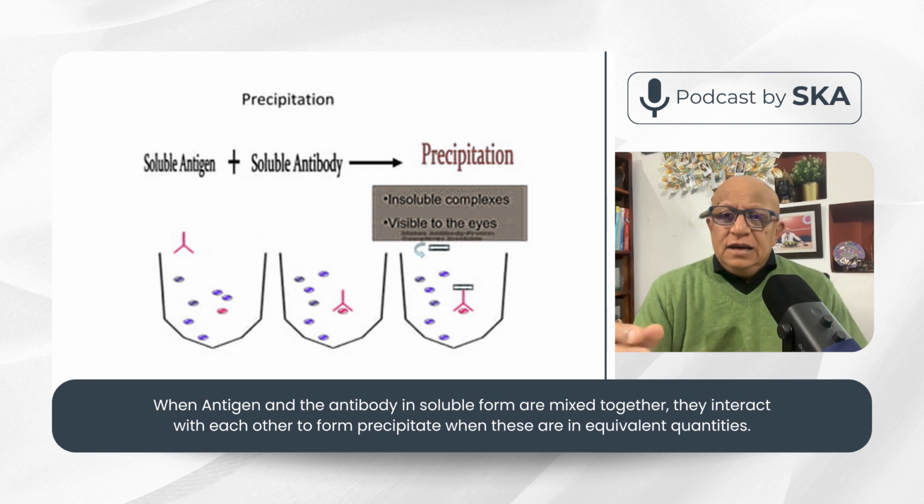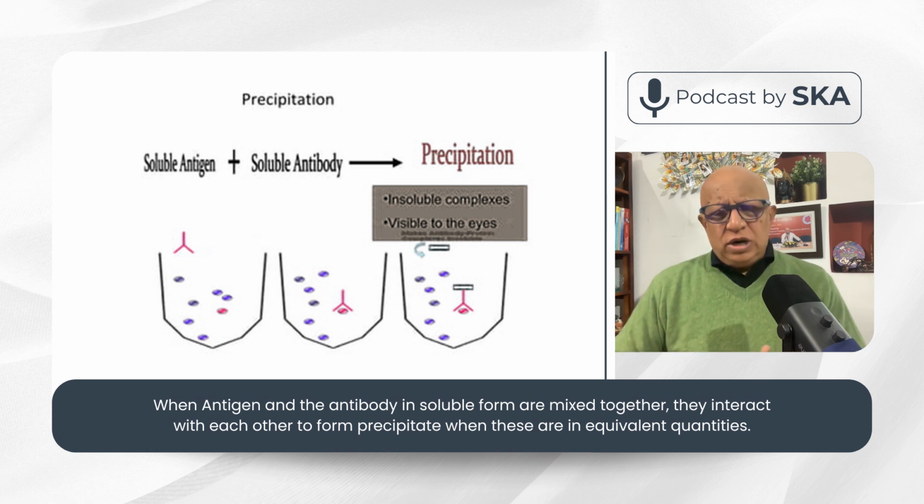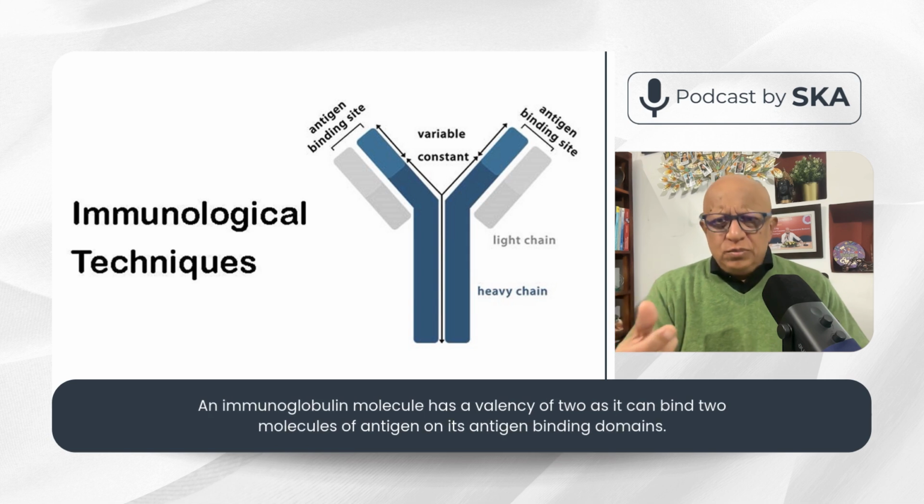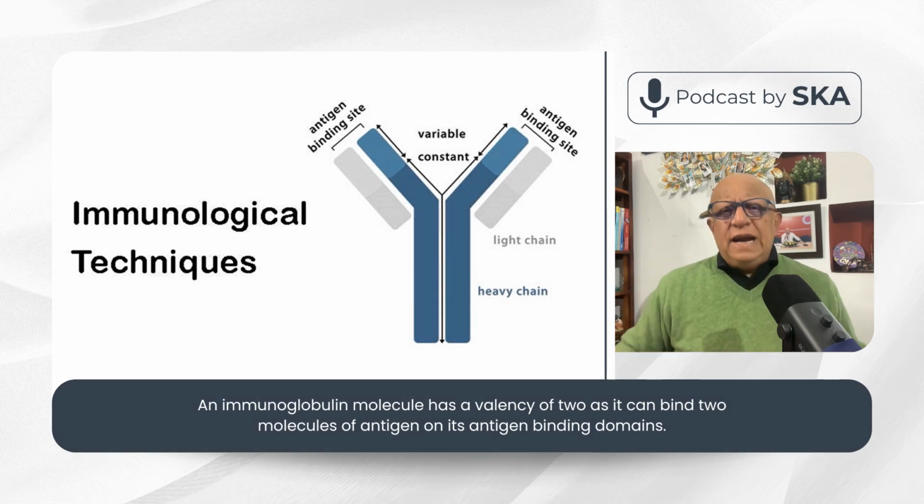And whenever the mixture is equivalent, every antibody has a valency for binding to the antigen; one immunoglobulin molecule will have a valency of 2, and it can bind to two antigen molecules.